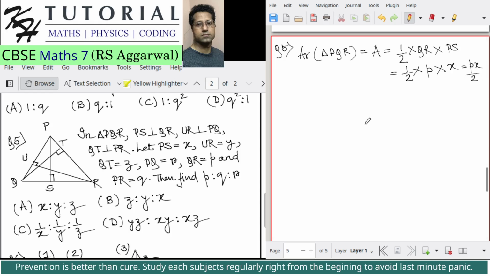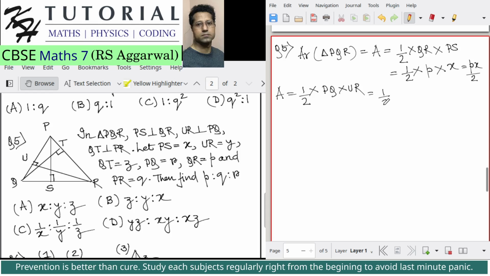Also, for the area A of the triangle, I am denoting capital A as the area of the triangle PQR. So A is equal to, now consider PQ as the base and its corresponding height will be UR, so half PQ multiplied by UR.